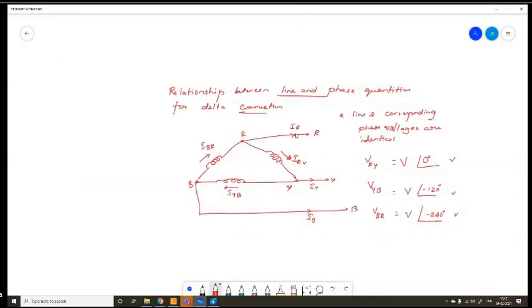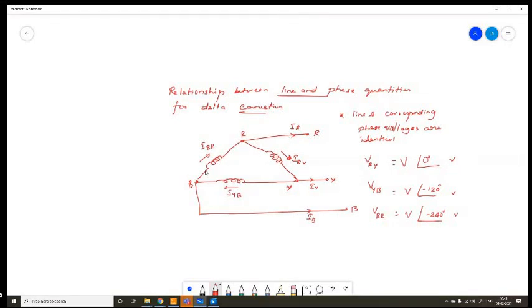Now, if you want to find IR, you can relate this current IR with IBR and IRY. Which means that the current in each line is the difference between the two phase currents.